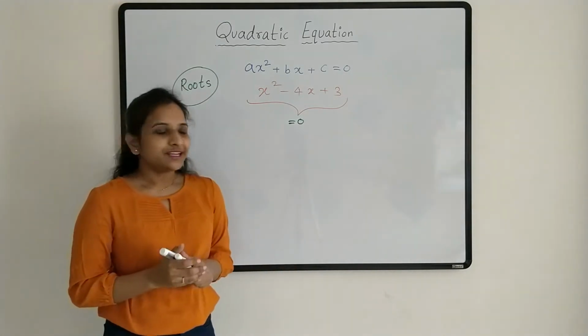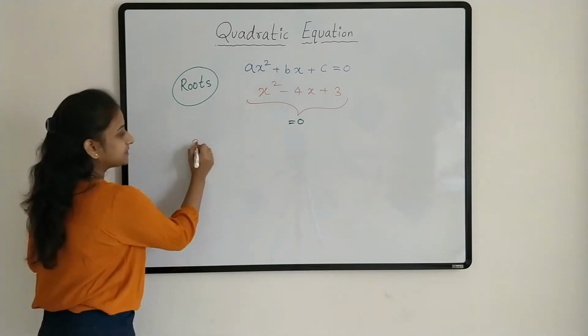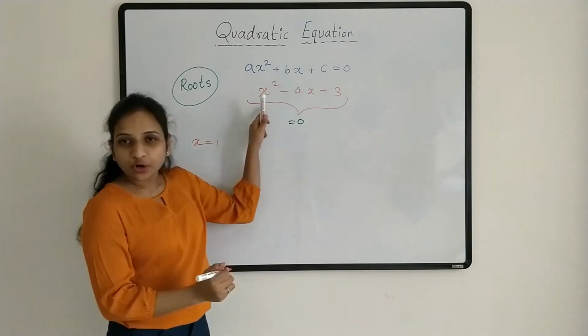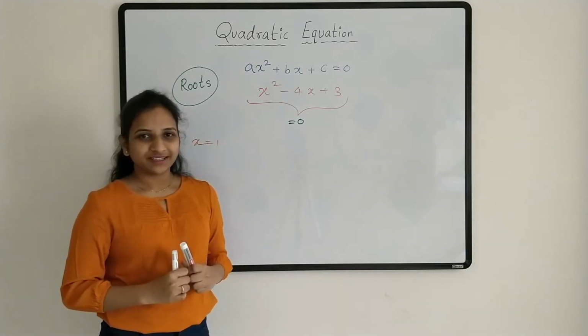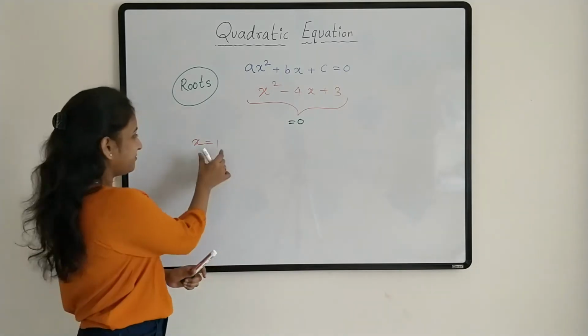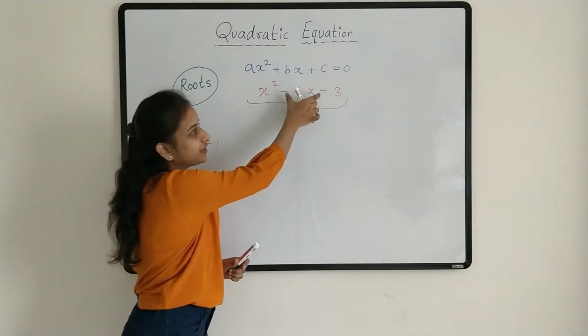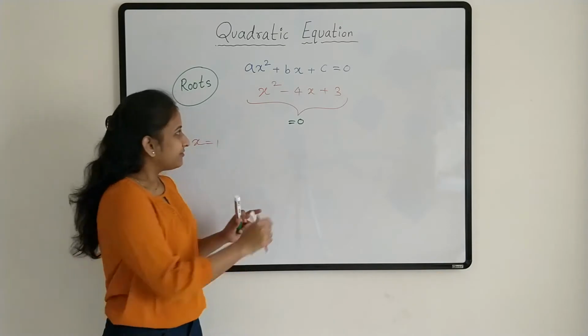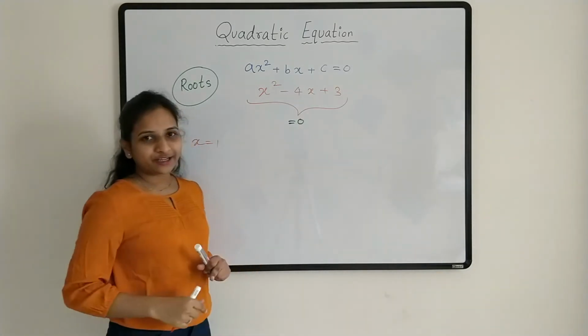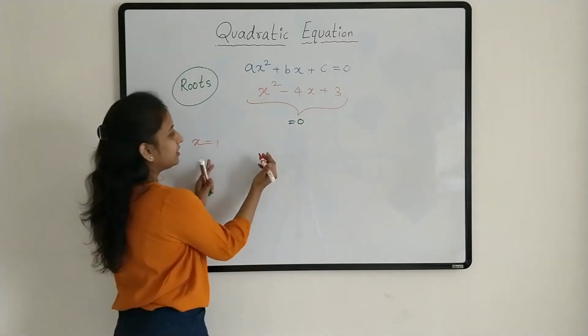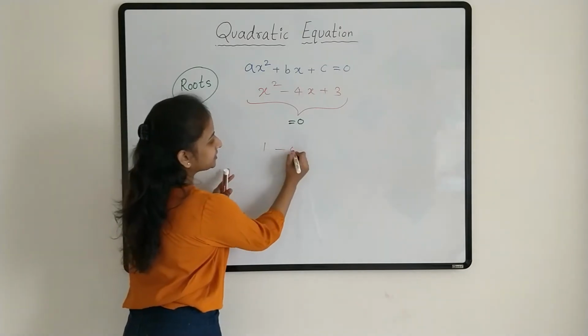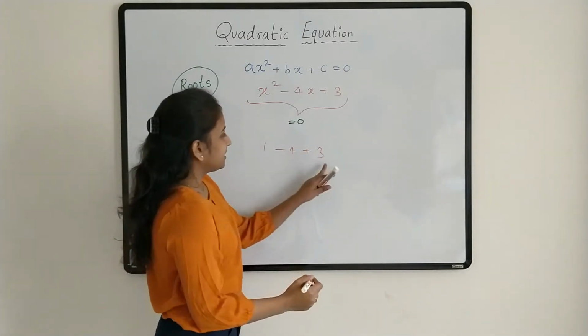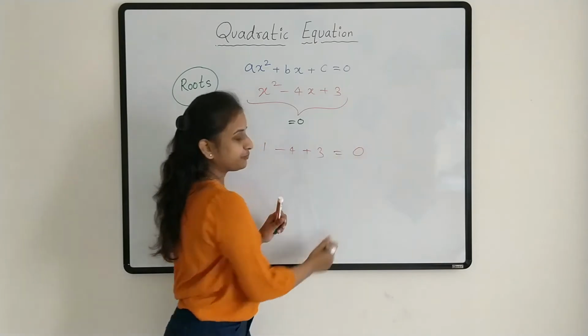Okay, now let's see, is x = 1 a root of this equation or not? So what we are going to do? We substitute x = 1 into this expression and check whether the value is 0 or not. So this is 1 − 4 + 3. This expression value is 0.